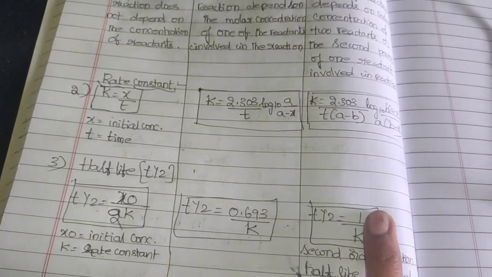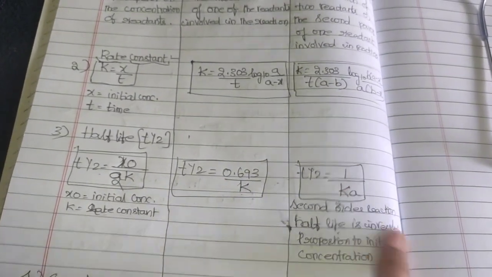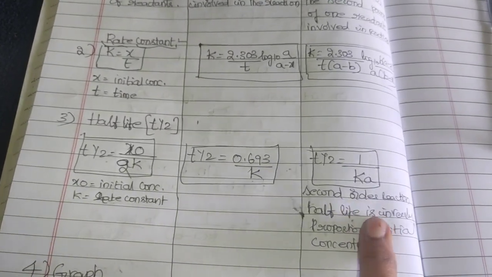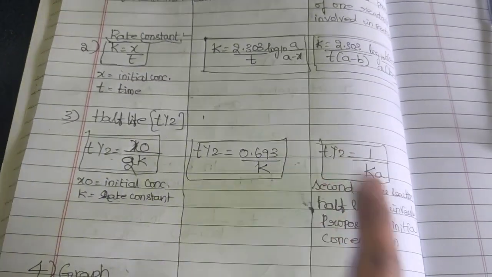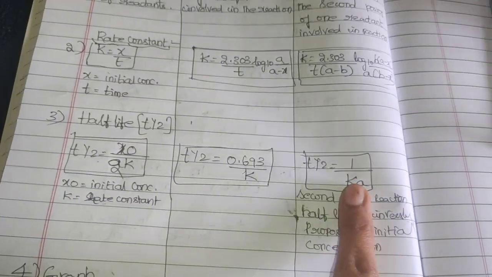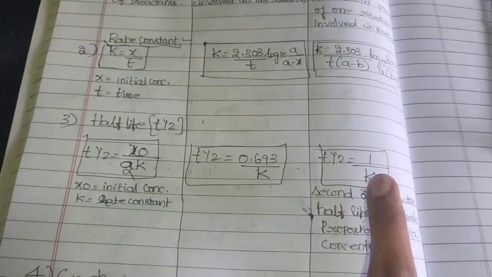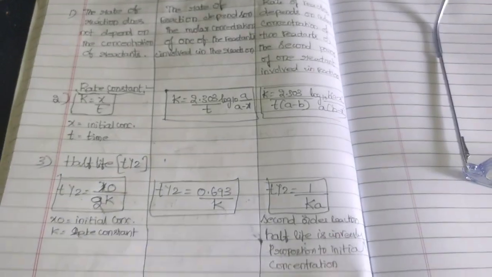Then T half is equal to 1 by ka in the case of second order reaction, where a is the initial concentration. So second order reaction half-life is inversely proportional to the initial concentration. If more initial concentration, then less half-life. Less initial concentration, more half-life, because it is inversely proportional.